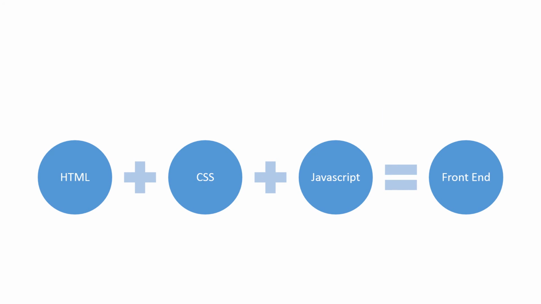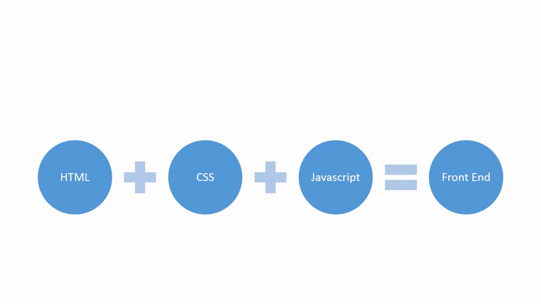As I said before, front end is nothing but these three things: the combination of HTML, CSS, and JavaScript, or JavaScript frameworks also. Whatever frameworks or libraries are available all come under JavaScript, because JavaScript frameworks are built on top of JavaScript.